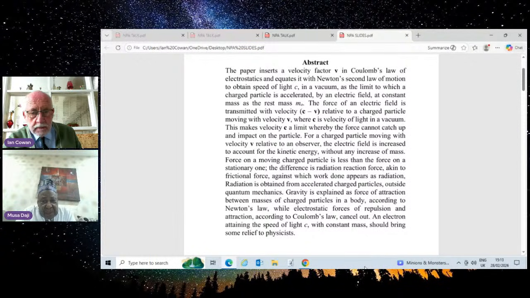Gravity, it explains, as a force of attraction between the masses of charged particles in a body, according to Newton's law, while the electrostatic forces of repulsion and attraction, according to Coulomb's law, cancel out exactly everywhere. An electron attaining the speed of light with constant mass should bring a lot of relief to physicists.